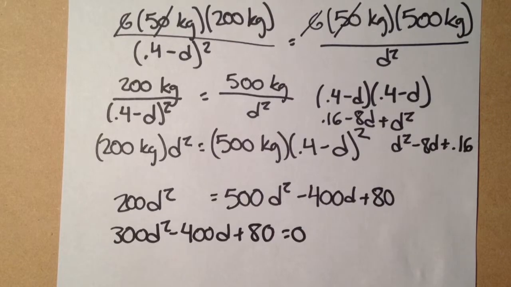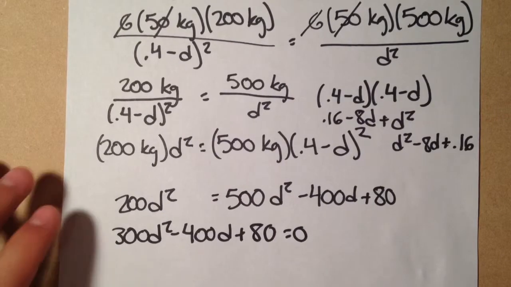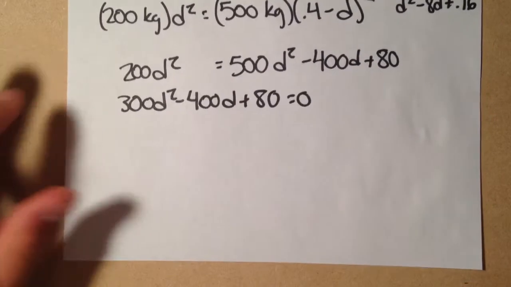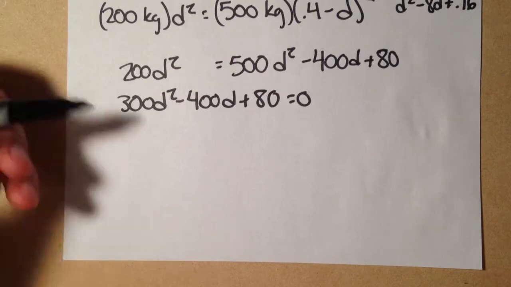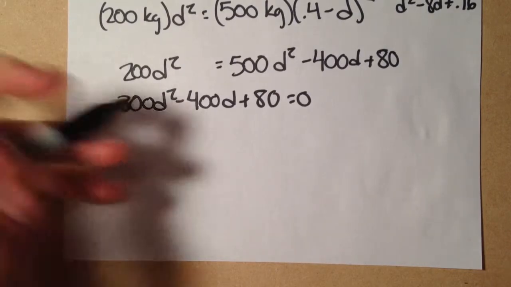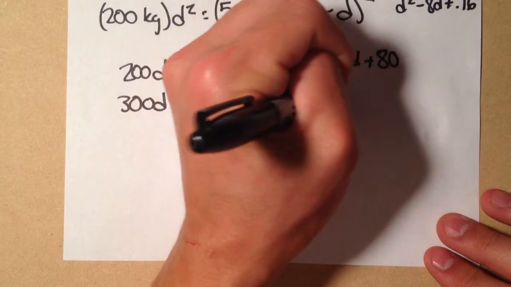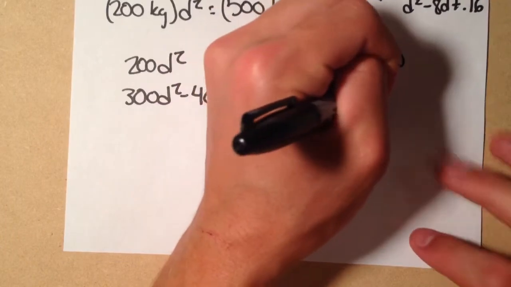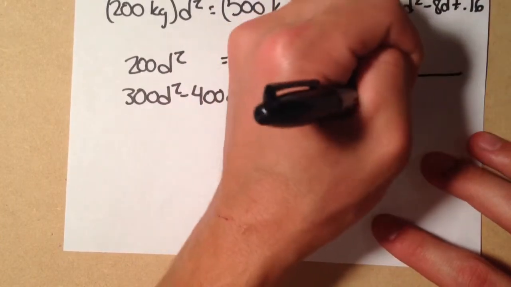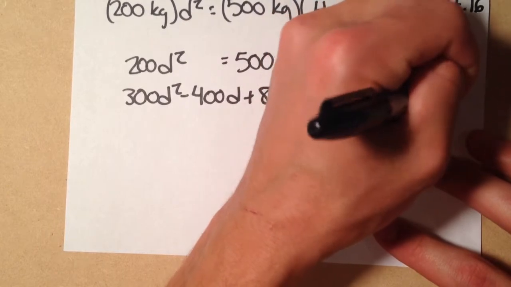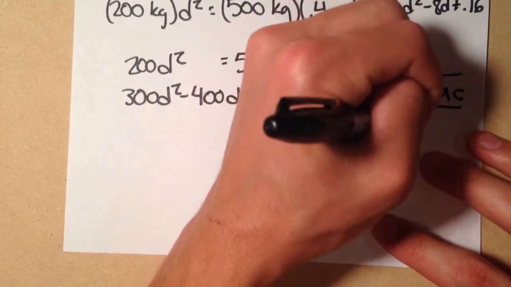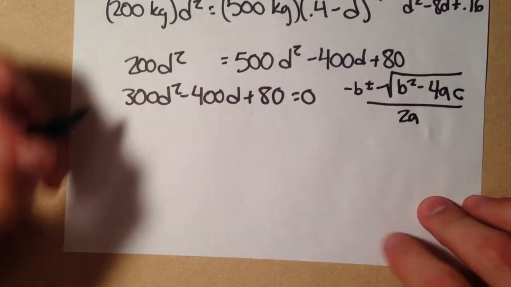And what do we have here? A quadratic equation, so we can use the quadratic formula, which is the opposite of b plus or minus the square root of b squared minus 4ac, all over 2a. So let's plug our values in.